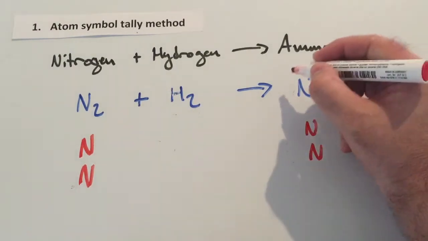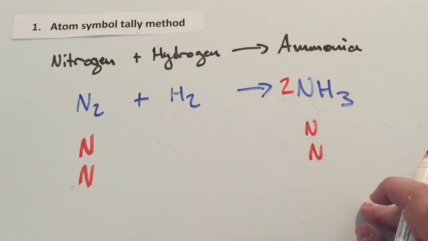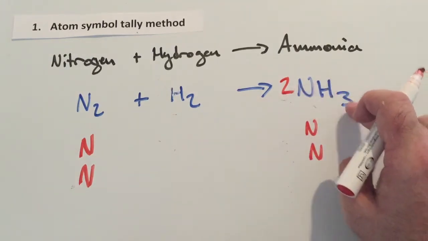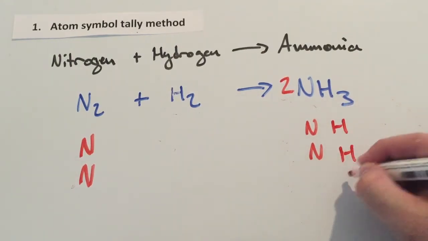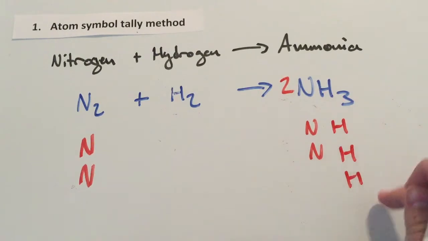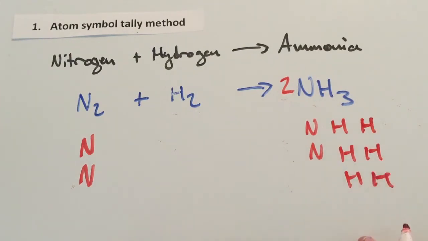By having 2 of these, we need to put a prefix out the front, timesing our ammonia molecule by 2. Now, what that means is that now we have 2 times 3 hydrogens. So we went from having, just in the molecule, 3 hydrogens, but now because we have 2 of these molecules, we now have 6.